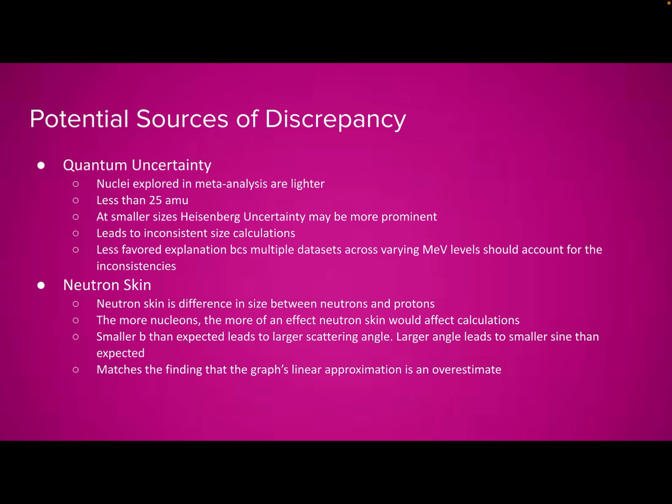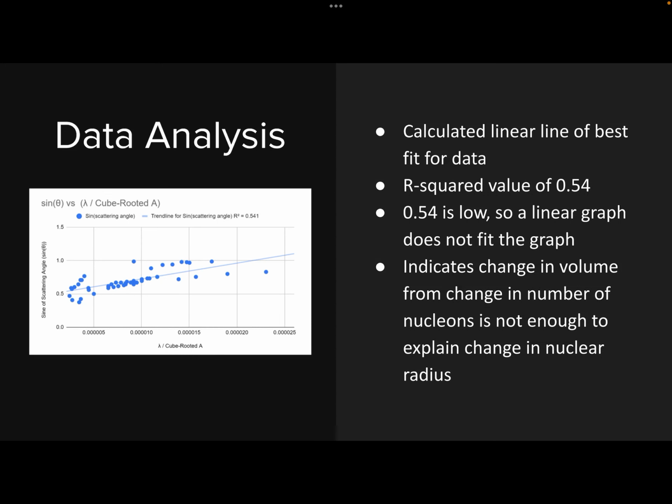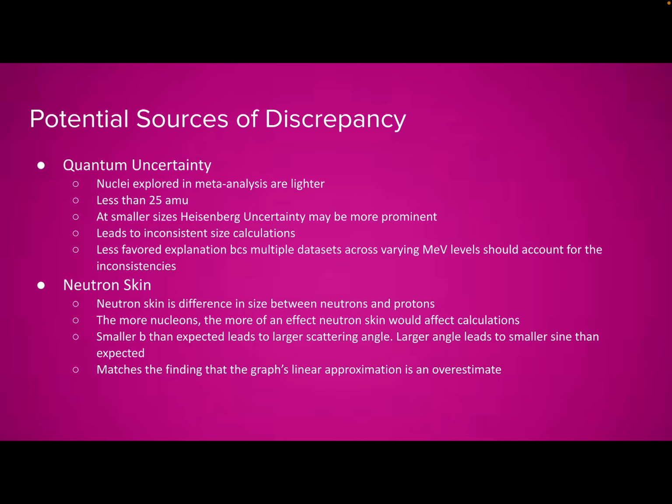And so if there's a larger scattering angle, when we calculate that, it leads to a smaller sine than expected, which is what we see here: it appears that there's an underestimate. So it matches the finding that the graph's linear approximation is an overestimate, because it's a smaller sine than expected.